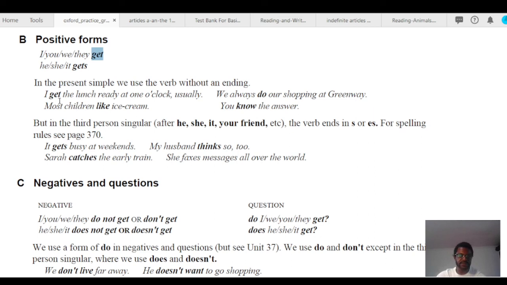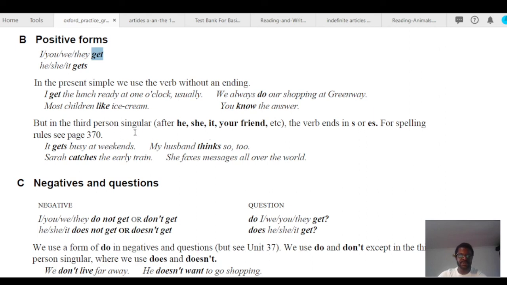So in the present simple, we use the verb without an ending. I get lunch today at 1 o'clock usually. We always do our shopping at Greenway. Most children like ice cream. You know the answer.